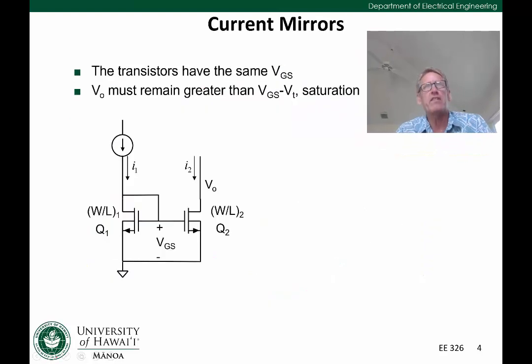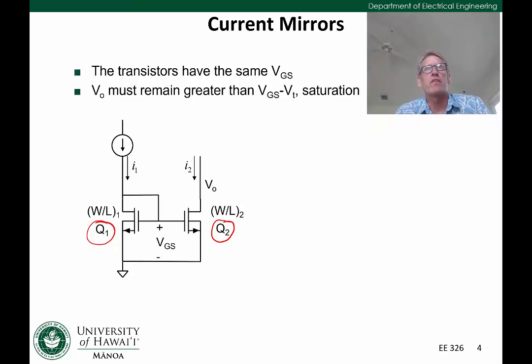Current mirror is what we see in the circuit here. First of all, we have a diode connected transistor Q1 on the left side, and then we have a second transistor Q2 on the right side. Notice that the sizes are labeled W over L1 and W over L2, signifying they can have different sizes.